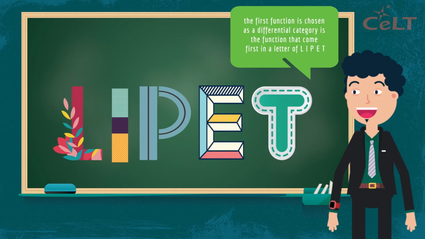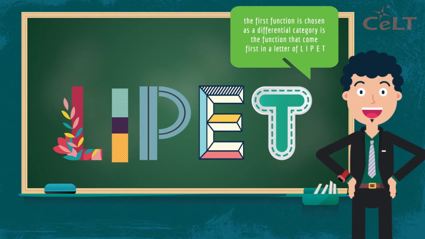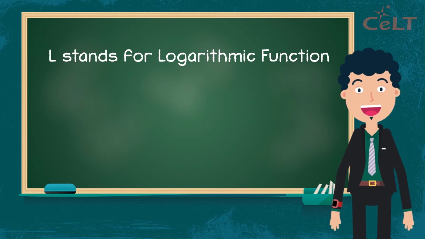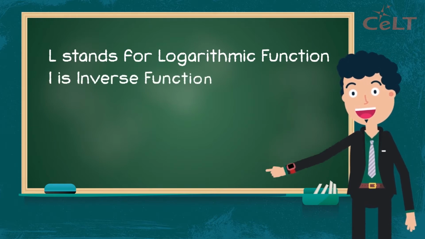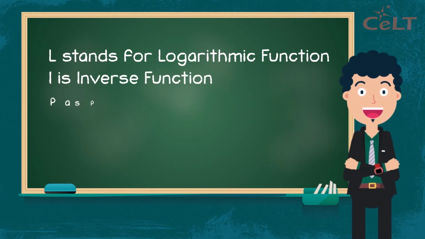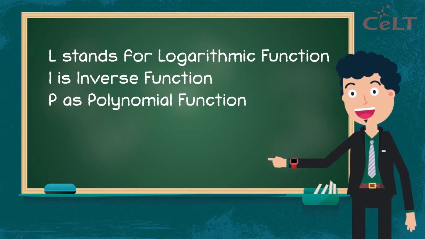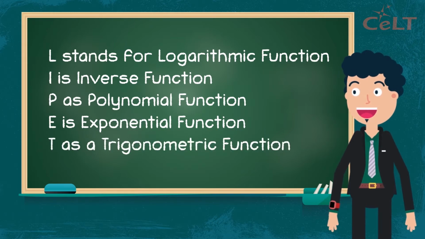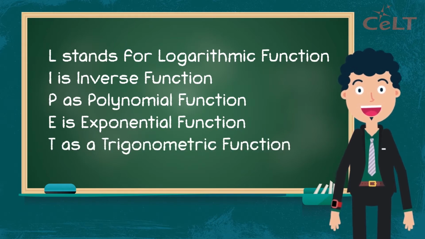It is the function that comes first in the letters L, I, P, E, T, where L stands for logarithmic function, I is inverse function, P is polynomial function, E is exponential function, where T is trigonometric function.